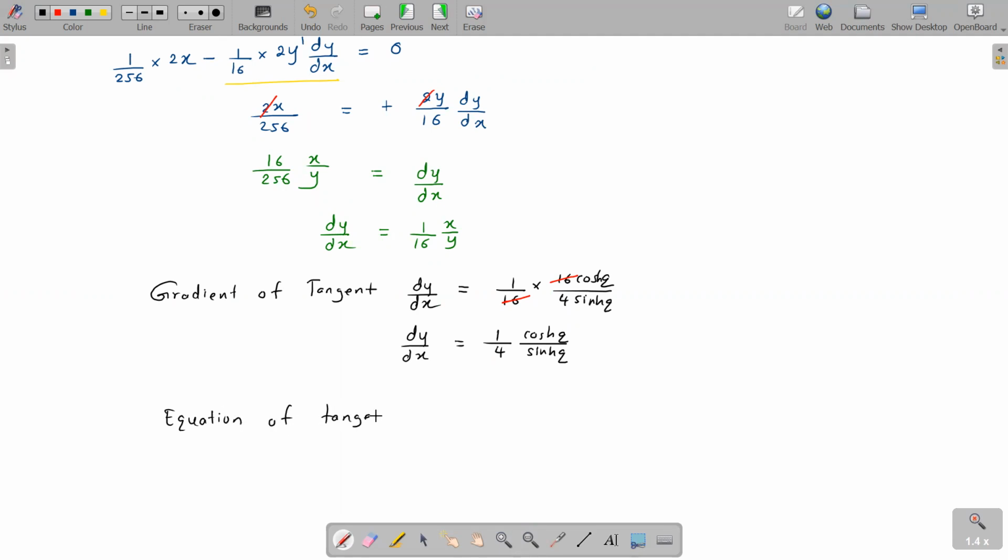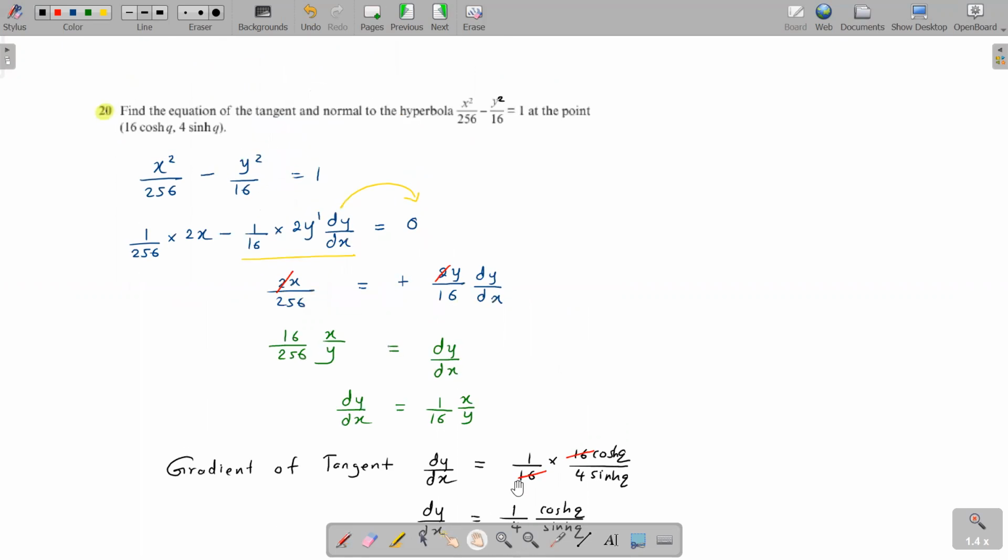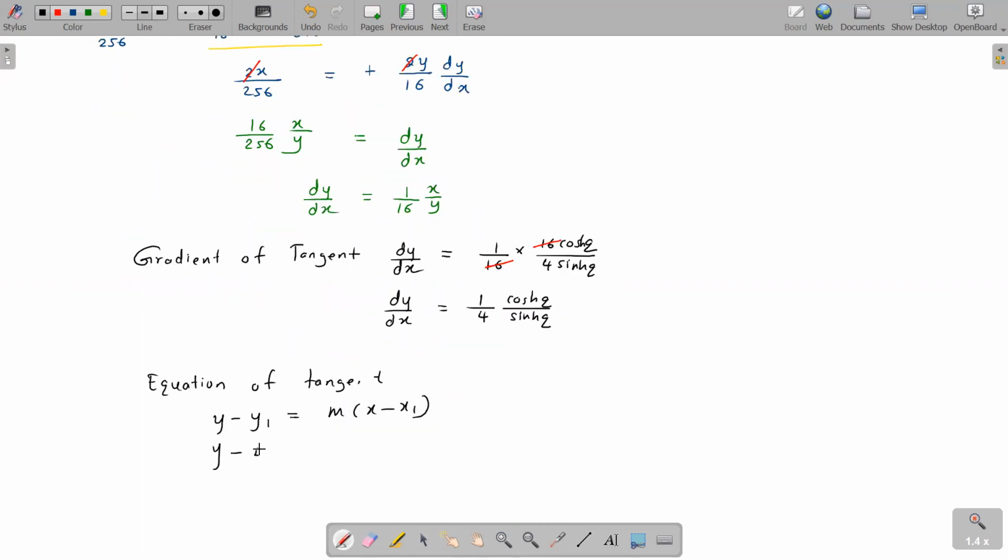The equation of tangent will be y minus y1 equals gradient times x minus x1. Y minus your y1 coordinate is 4 sin cube, gradient is cos cube over 4 sin cube, basically the same thing I have written, into x minus x1, which is 16 cos cube.